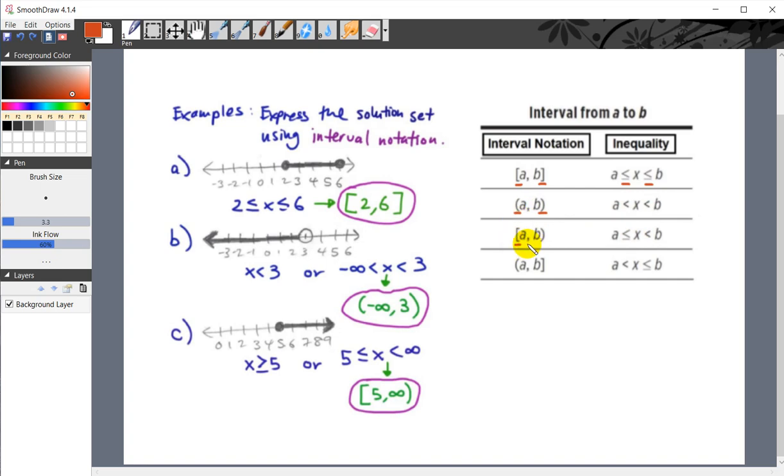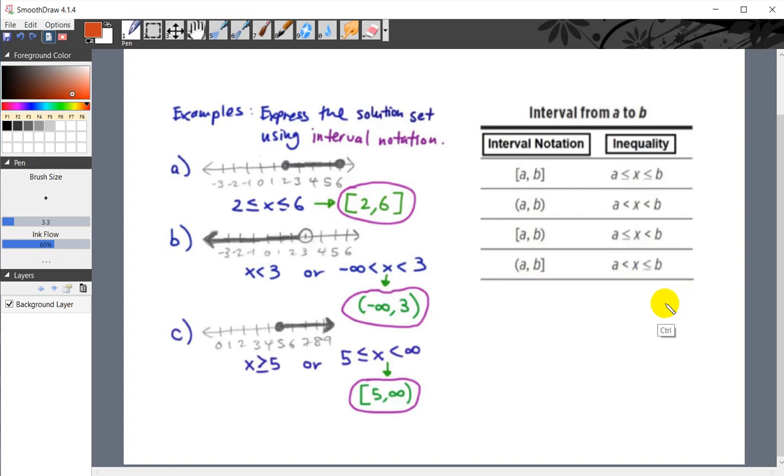If you have a square bracket and a parenthesis, the parenthesis means you don't include that endpoint, and so forth. For this one as well, you're not going to include it, so you don't have an equal sign underneath. But the square bracket here means that you're going to have the equal sign underneath.